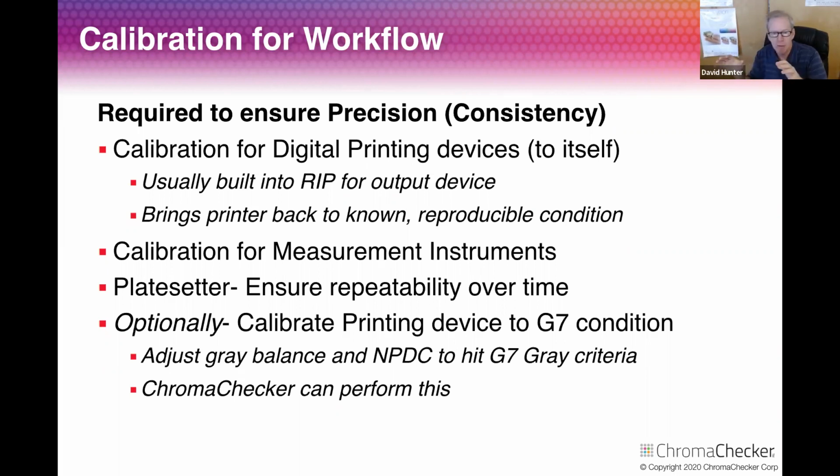Most of our customers never do a dedicated press run. We've formulated the ability to do G7 targets in a very small area that can be put in line with actual live jobs, so that you never have to do a dedicated press run again on a conventional press to get it into a G7 condition. It can be done in real time with live work, but we'll talk about that in a later session in more detail.